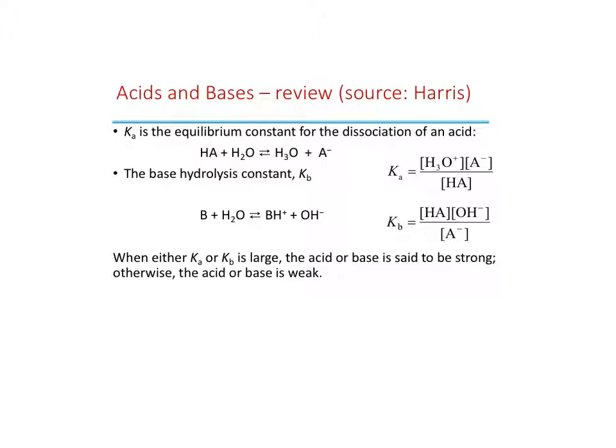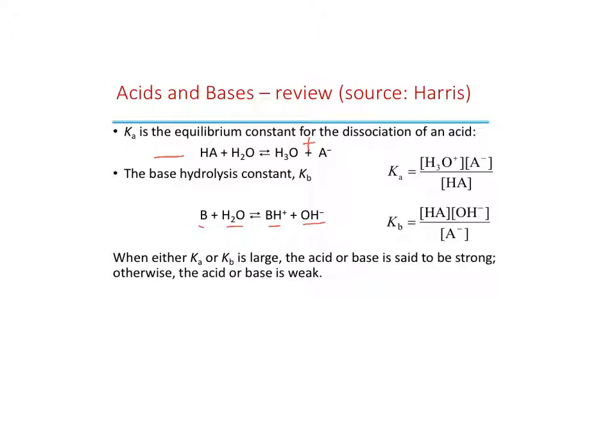So just to recap, we've already done the definitions of Ka and Kb that come from the corresponding equilibrium constants. In acid dissociation, we have HA plus water makes H3O+ plus A-, and then for base dissociation, we have base plus water makes BH+ plus hydroxide ion.